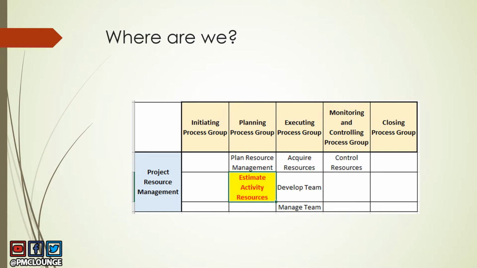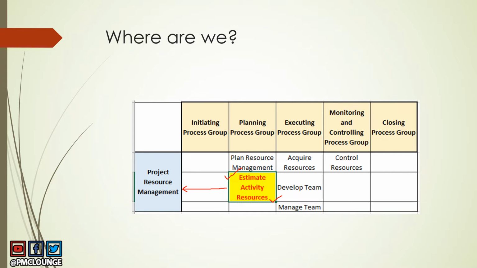So typically when we discuss a process, we like to show you where we are. Where are we with estimate activity resources? Estimate activity resources is a process in the knowledge area known as project resource management. Earlier, this process was actually part of the schedule management knowledge area, but now it is part of the resource management knowledge area.